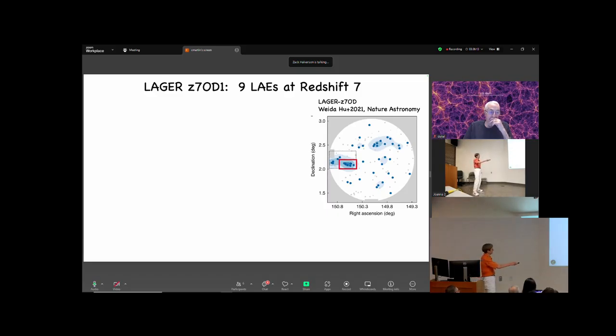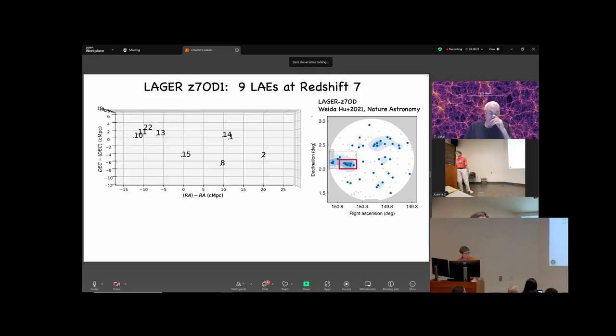The full area of it in the black box here has a galaxy overdensity of about a factor of 6 relative to the cosmic mean, significant overdensity. And with James Webb Space Telescope, we were able to pre-image and then do NIRSpec spectroscopy in the region shown by the red box here. So we're looking at the western part of this overdensity.